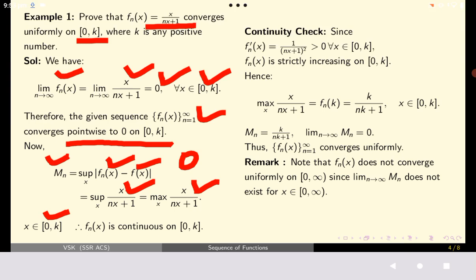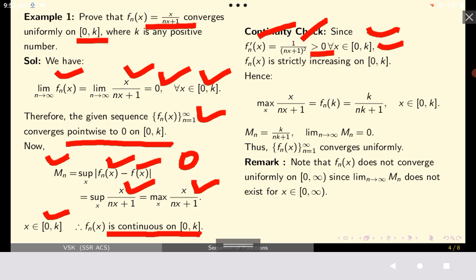Then as f_n(x) is continuous on [0, k], and since the derivative f_n'(x) is equal to 1 upon (nx plus 1) squared, it is clearly greater than 0 for all x in this interval.